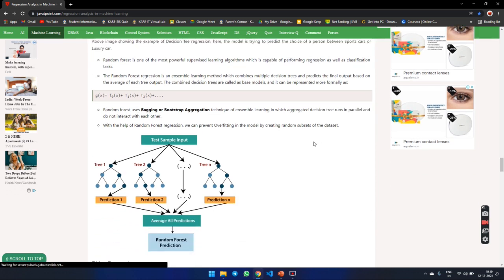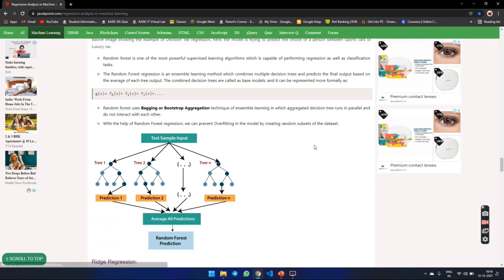In a random forest, using the bagging or bootstrap aggregation technique, an ensemble of decision trees is run in parallel and they do not interact with each other.